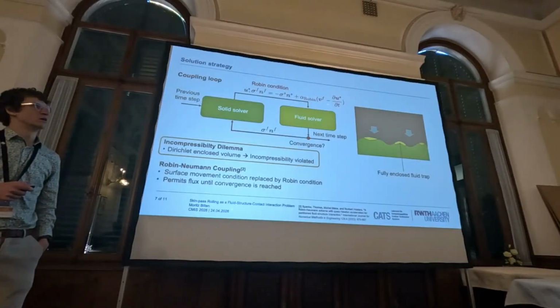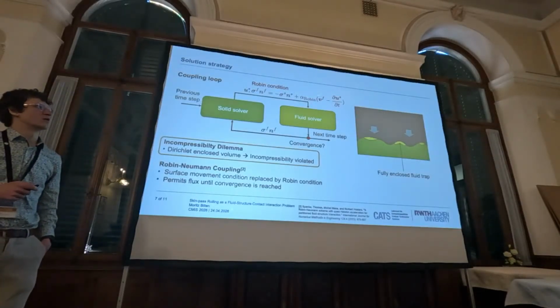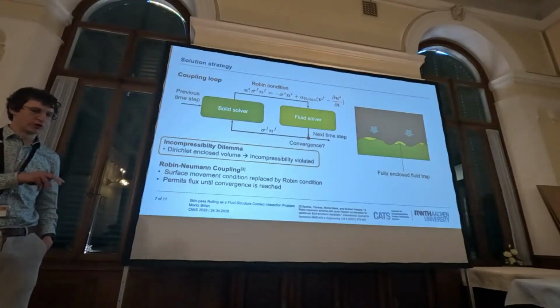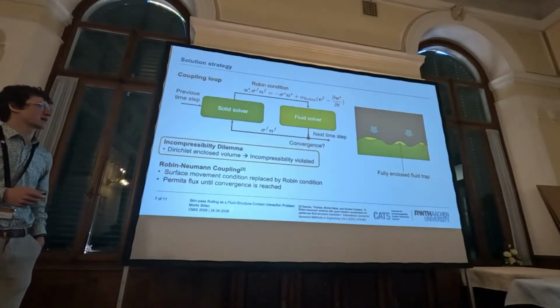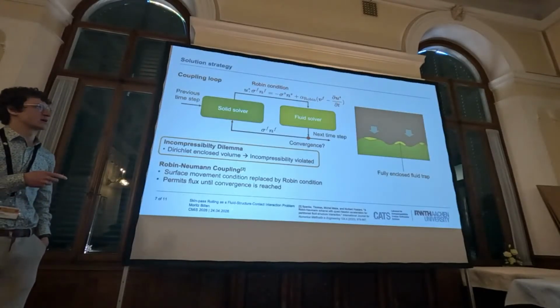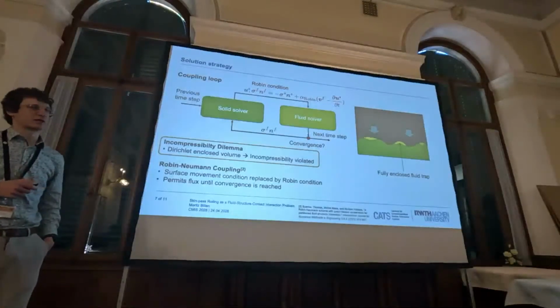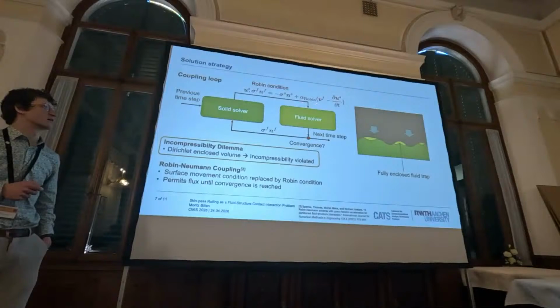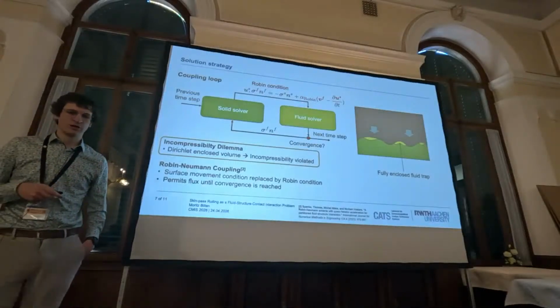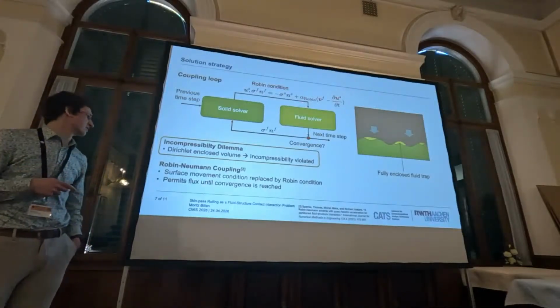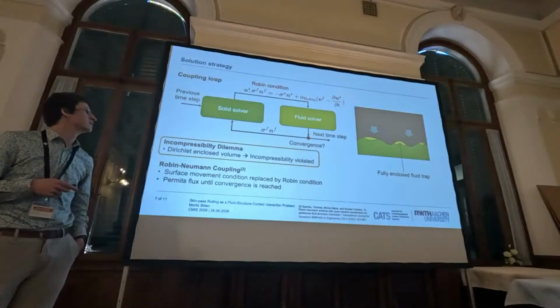So we allow a little bit of slack on the interface by enforcing this in a weak sense. And here we have this alpha Robin parameter, which will come back to haunt us on a later slide.